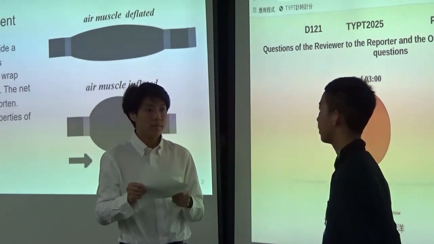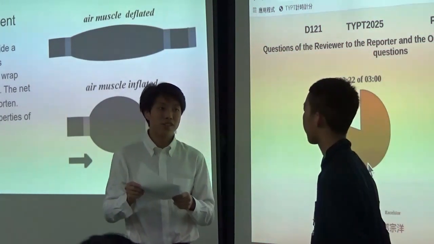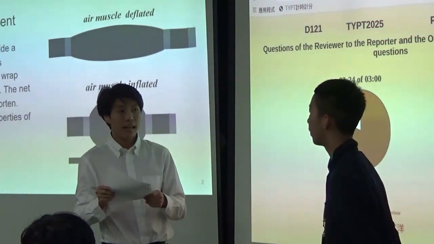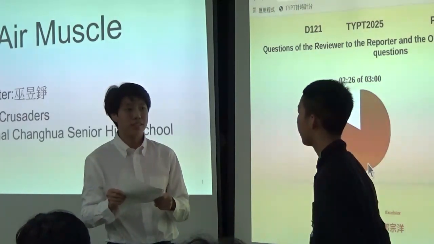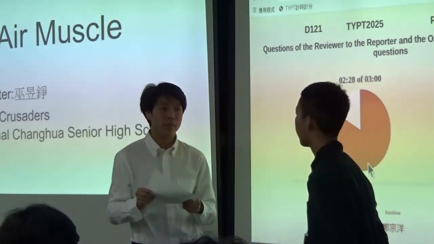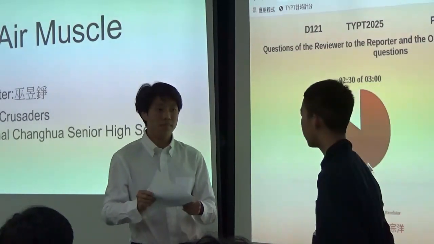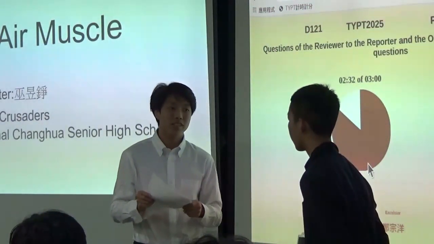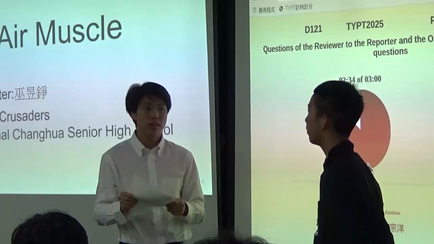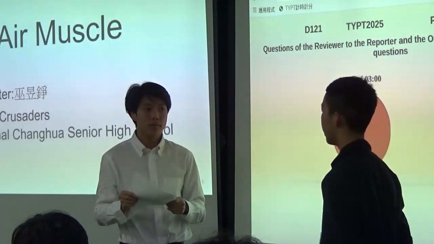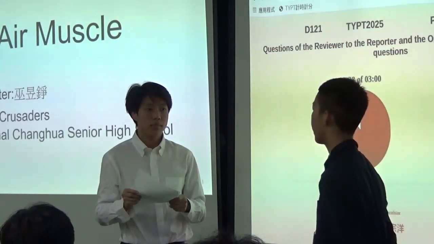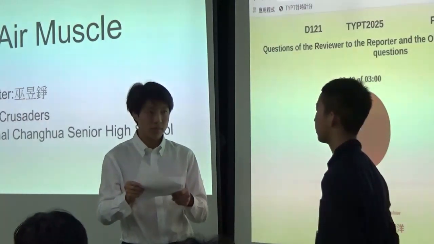You also mentioned pressure. If you were to vary the amount of air you pump, how would that change the experiment? We think it will change the volume of the balloon, and the volume of the balloon will affect the force of the muscle.